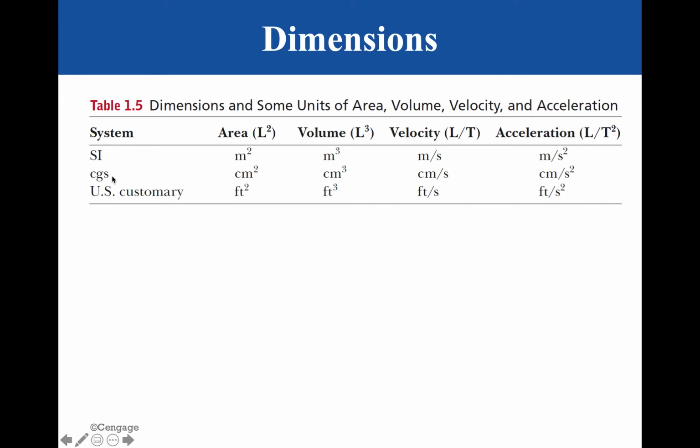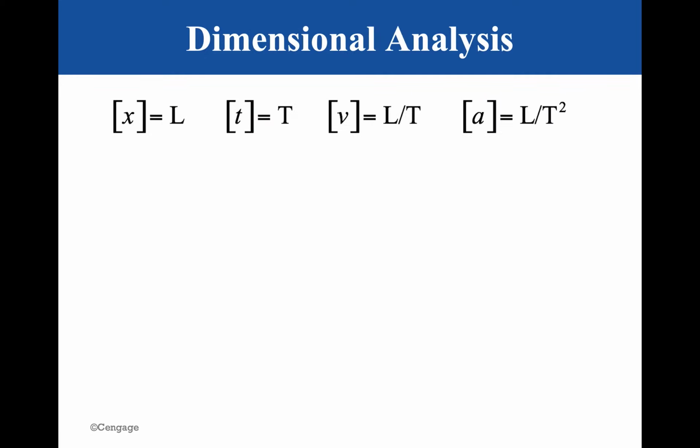The CGS system is metric, but the basis is centimeters and grams rather than meters and kilograms, and you can see the difference. And then in the United States system, we use feet and seconds.